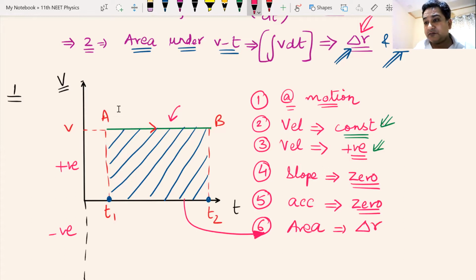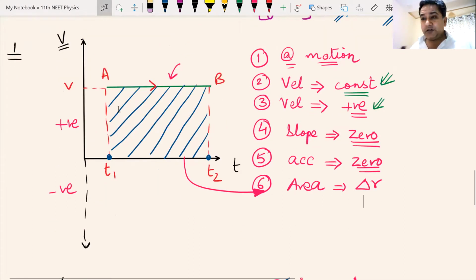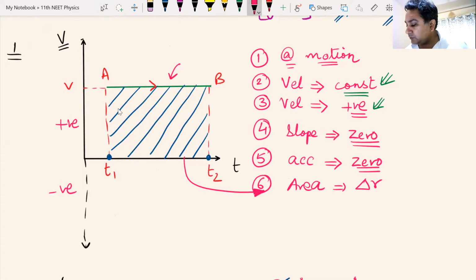But a very important point has been missing here. Displacement is a vector. It has a direction, so it could be either positive or negative. So I must also tell the direction. Is it positive or negative?